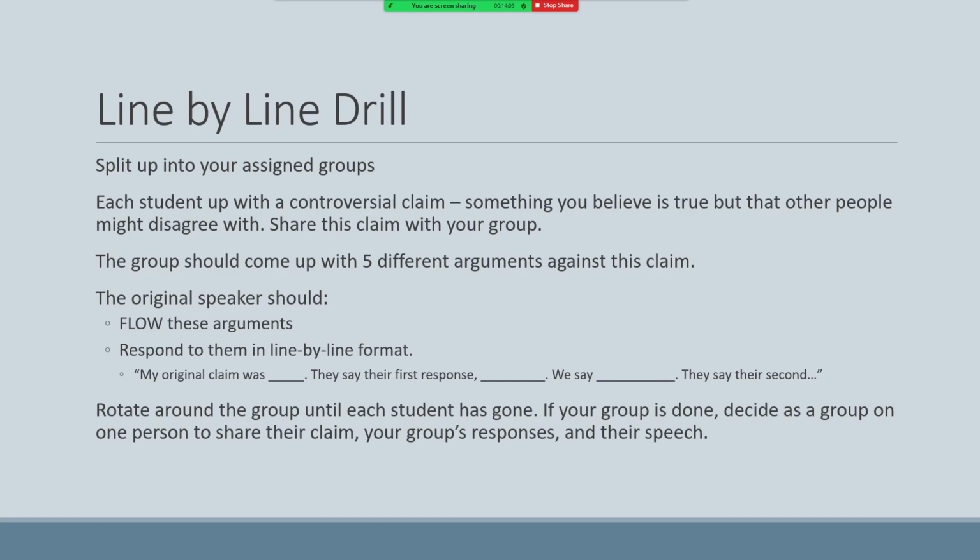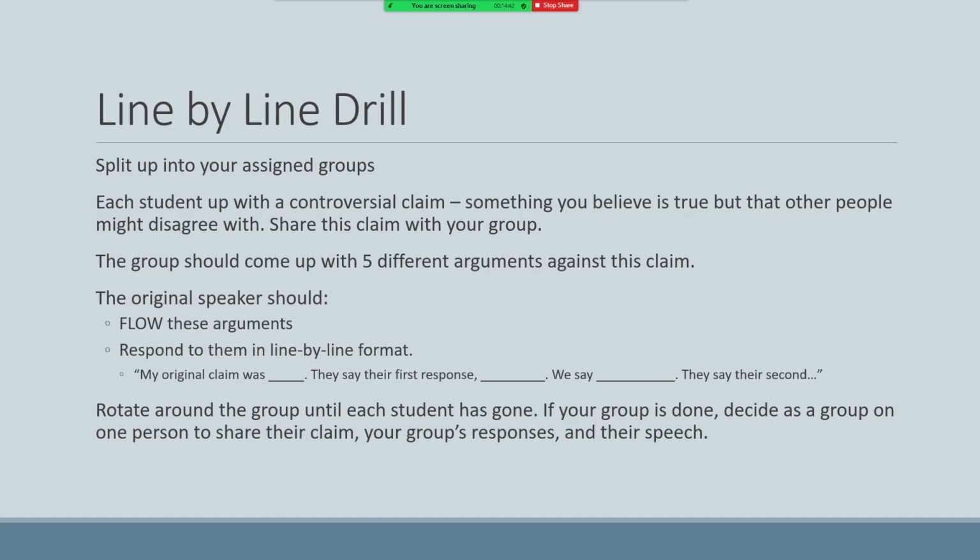So let's say my controversial claim is dark chocolate is the best kind of chocolate, and my group comes up with milk chocolate is better because it's sweet and because you can blend it into other desserts more easily, and dark chocolate production is bad for the environment. I'm just coming up with this off the top of my head as an example.